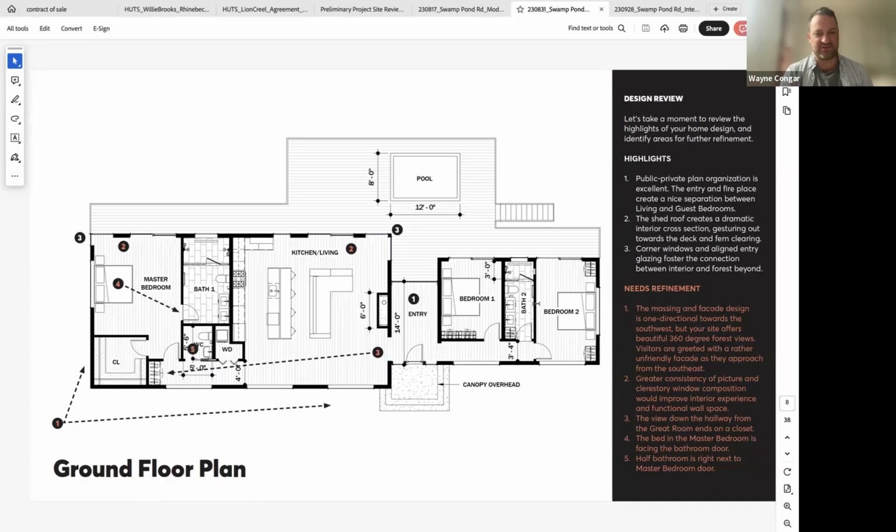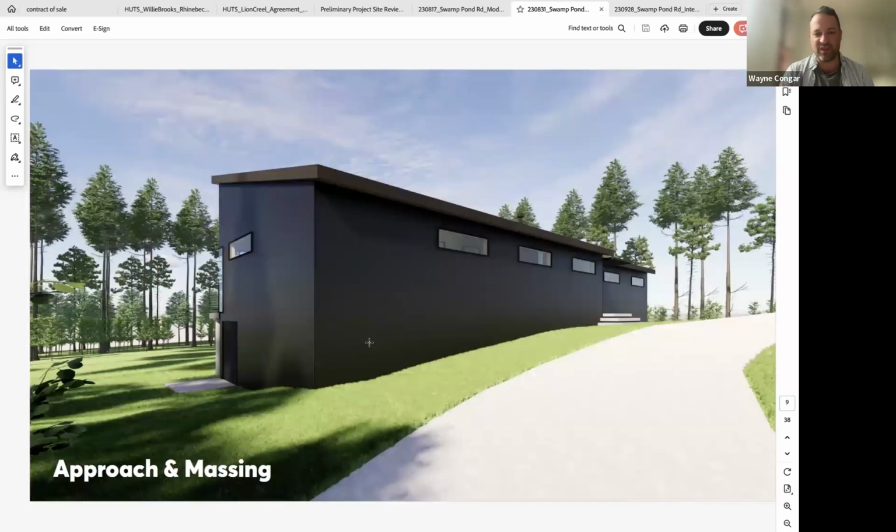If you look in this view, you come in, look to the left, and it's a dead end. There are all these dead end moments in the view corridors in the house, and it seemed like we could clean that up. And also the approach to massing is just brutal coming up to it. You arrive and you're just facing this siding wall, a very harsh looking building.